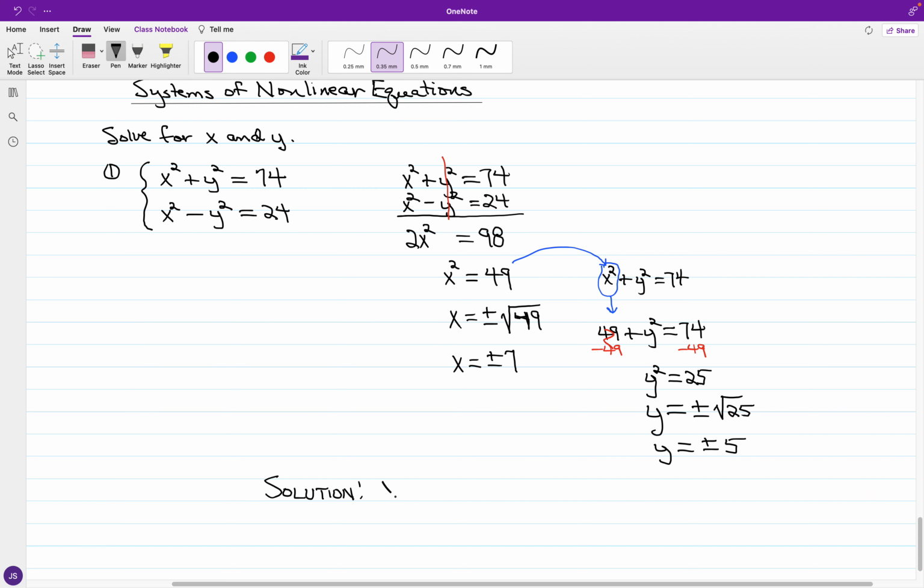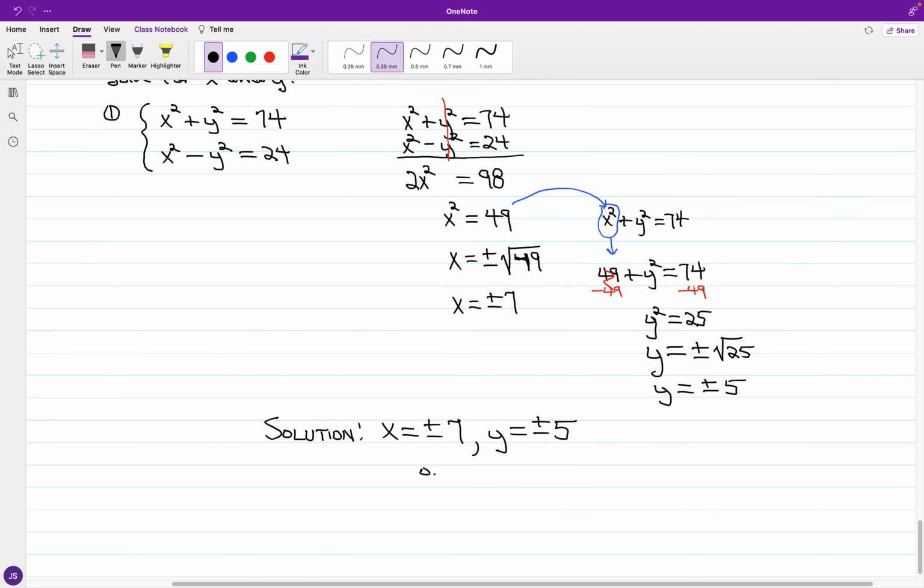Just in terms of combinations, we have x equal to plus or minus 7, as well as y equal to plus or minus 5. If I were to draw them out as separate ordered pairs, we have one combination where both x and y are positive.